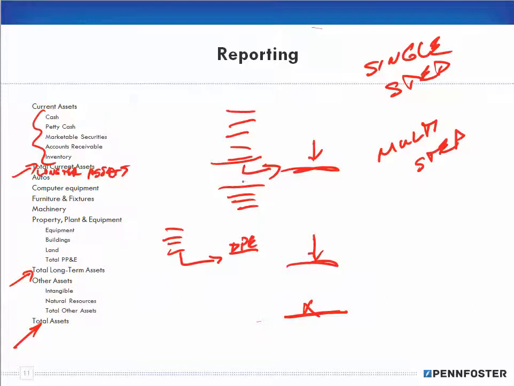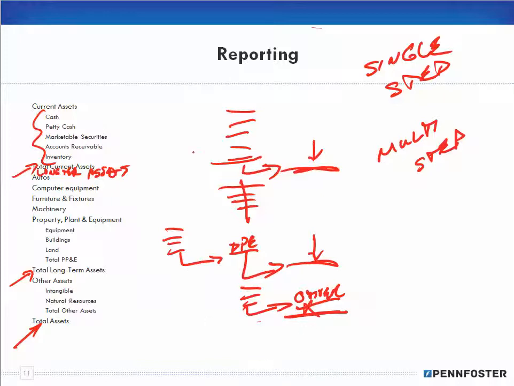Then the total of these long-term assets plus my PP&E would give me my long-term assets over here. And of course, I would have my other assets here, which would give me other here. So I'd have current, long-term plus other to give me my total assets.